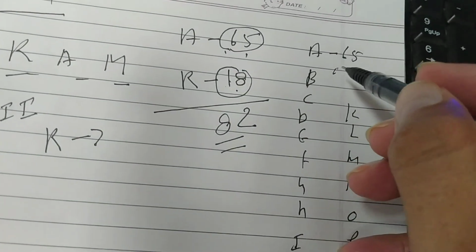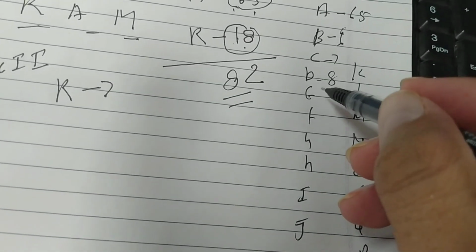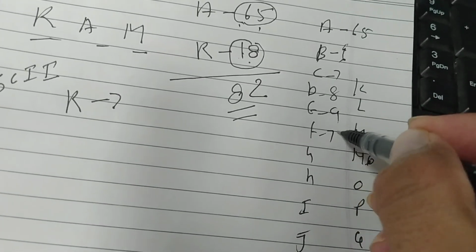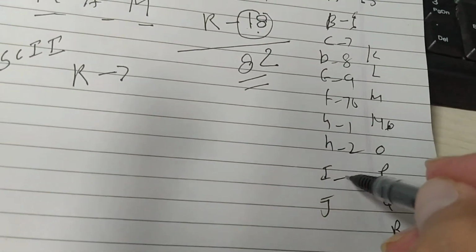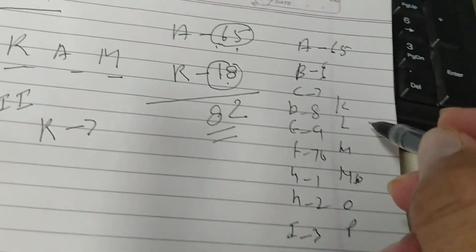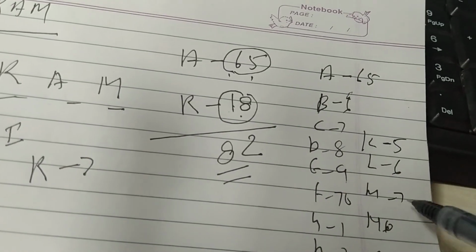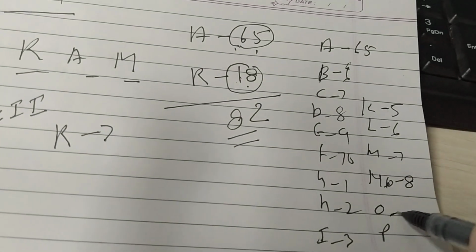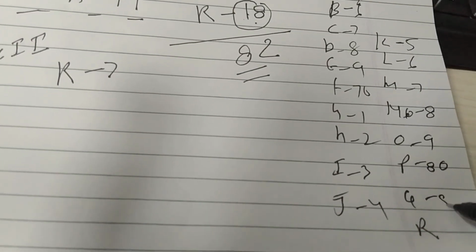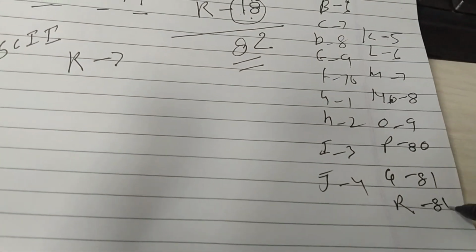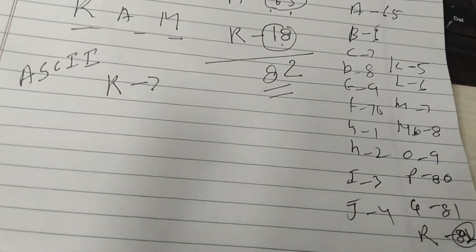So 65, then 66, 67, 68, 69, and 70, then 71, 72, 73, 74, 75, 76, 77, 78, 79, 80, then 81 and 82. This is 82. Okay, so my answer is correct.